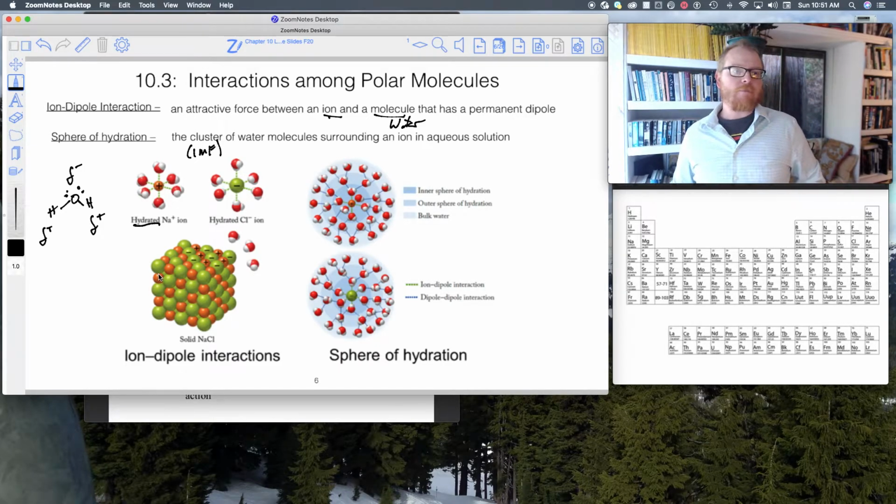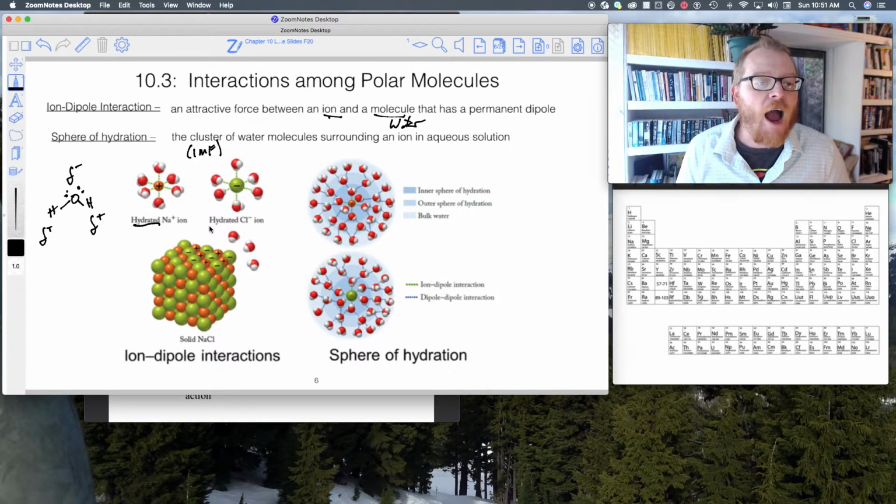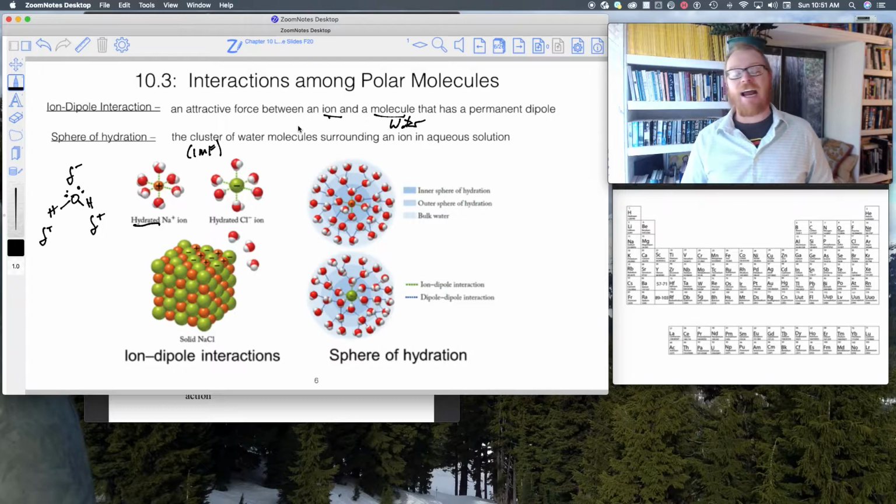Okay? So the hydrated anion, so in this case a hydrated chloride, will be surrounded by water molecules, but this time with the hydrogens oriented towards the anions because the hydrogens are slightly positively charged and the anion is fully negative.